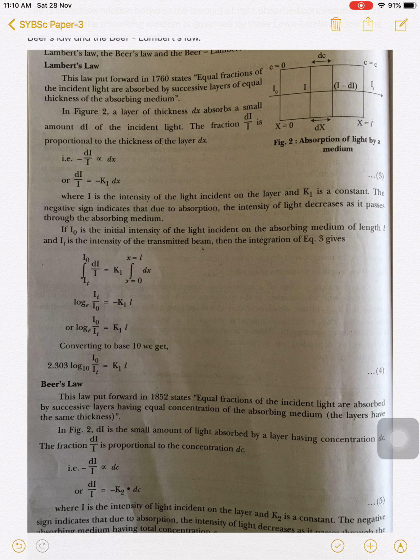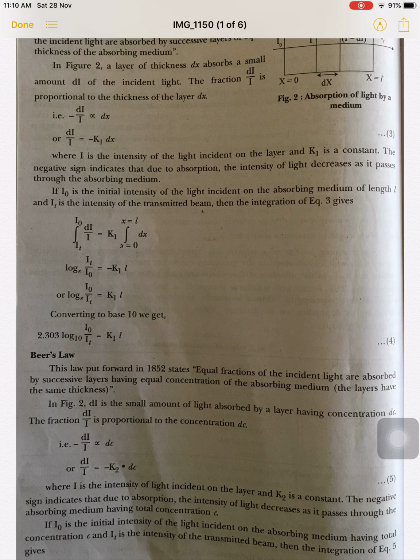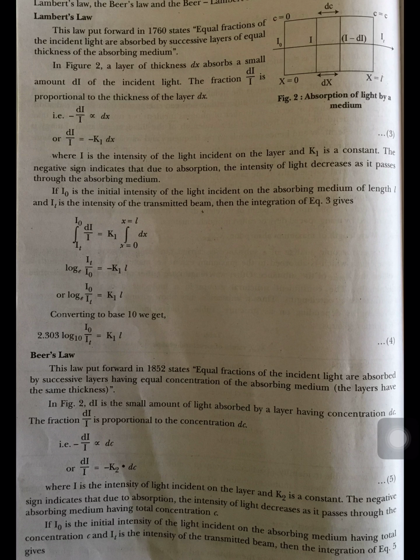Now see this figure, the absorption of light by medium, figure 2. They have drawn a square here. At the bottom, x is equal to 0 and at the right x is equal to L. This is the length of the absorbing medium. At the middle there is a line.